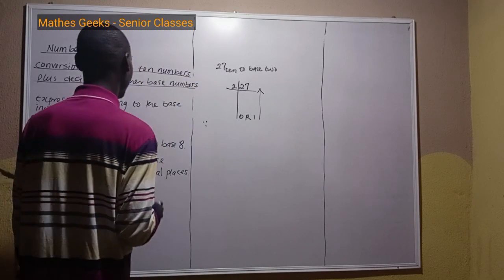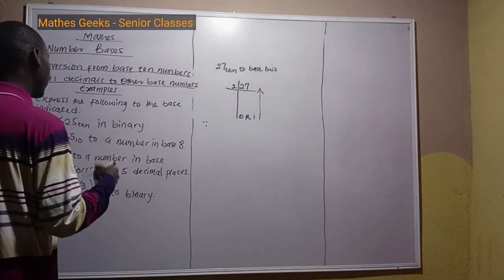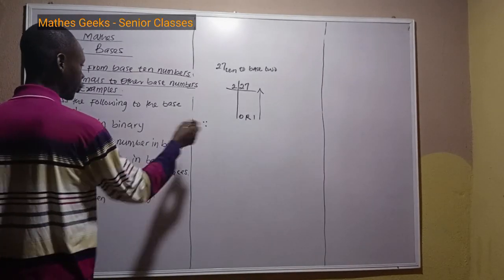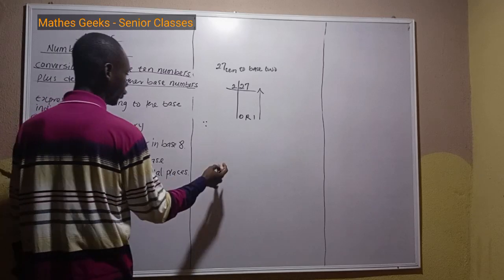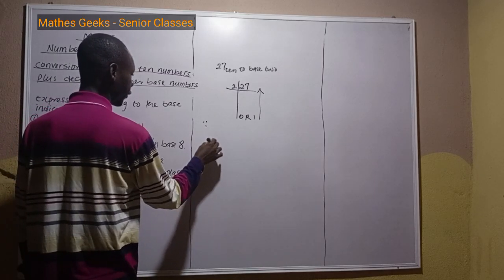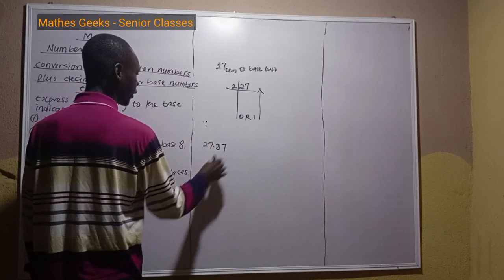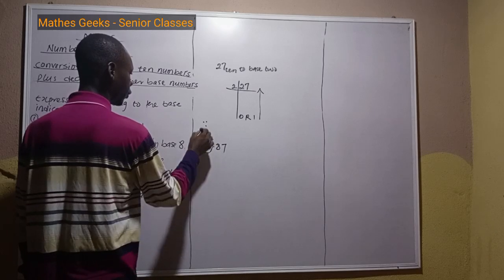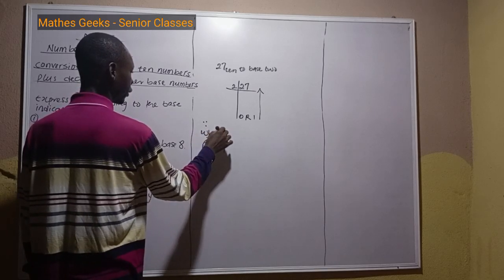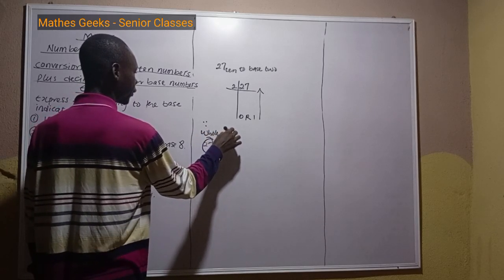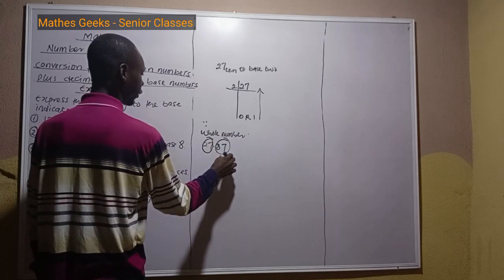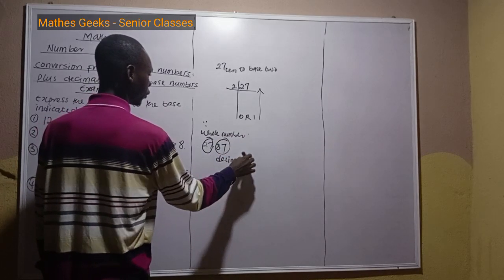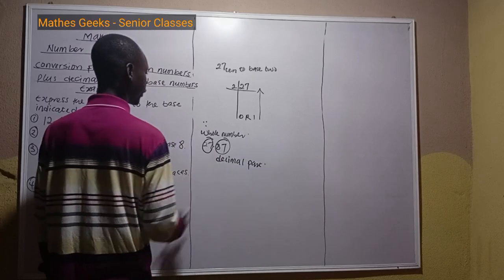So we want to convert a decimal fraction. A decimal fraction is a number that has a whole number part and a fraction part. For instance, 27.87. This part of it is the whole number part, while this part is the decimal fraction or the decimal part.